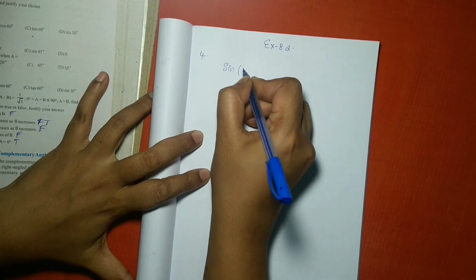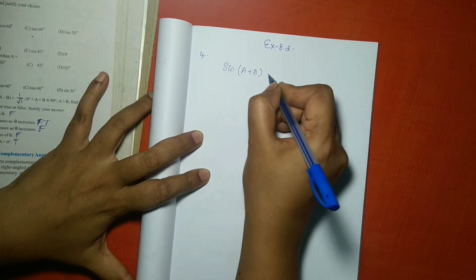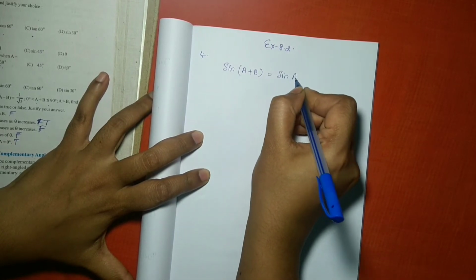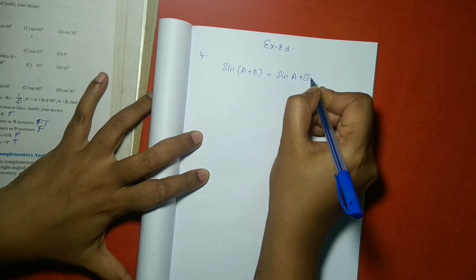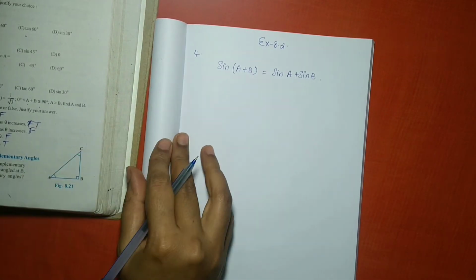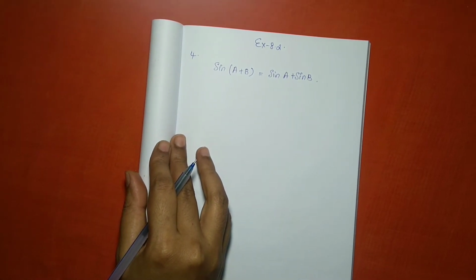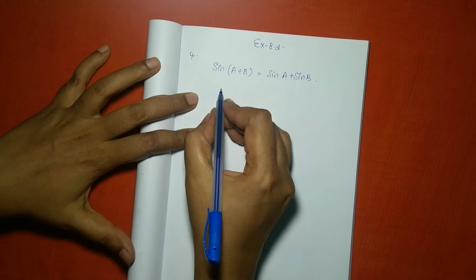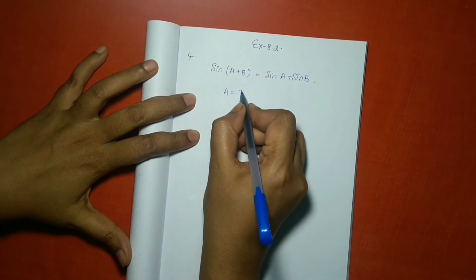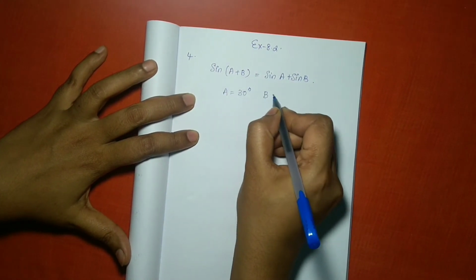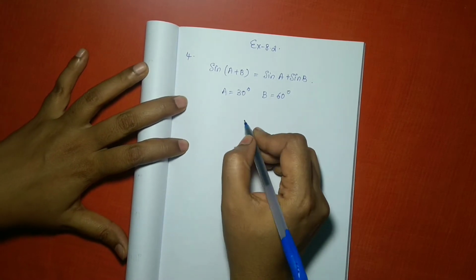Sine of a plus b is equal to sine a plus sine b. Let us see whether the following statement is true or false. So now let us take a value as 30 degrees and b value as 60 degrees.